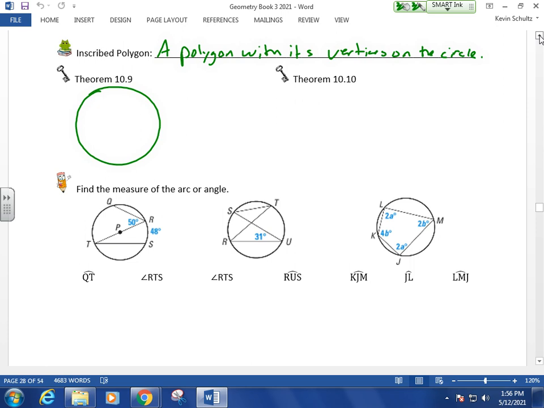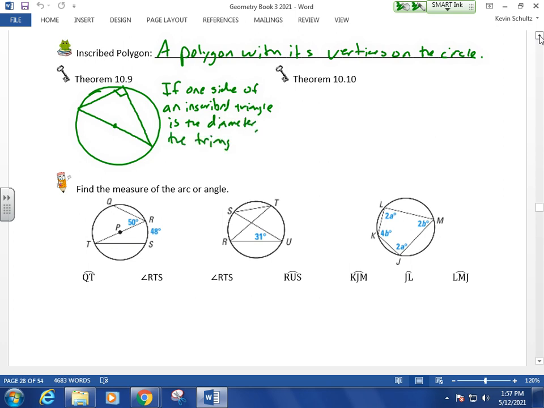Okay. What Theorem 10.9 says is that if you have an inscribed triangle and one of the sides of the triangle is the diameter, then you are guaranteed to have a right triangle. So for an inscribed triangle, if one side of an inscribed triangle is the diameter, the triangle is a right triangle.